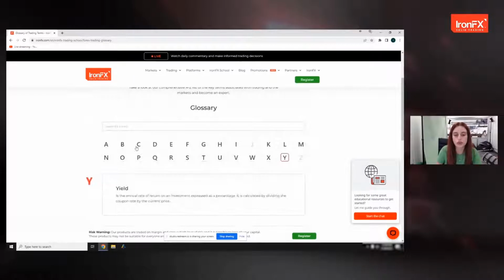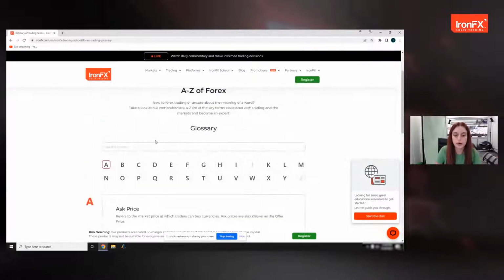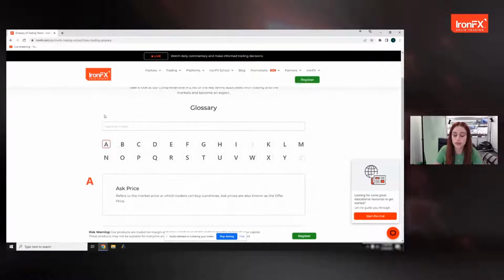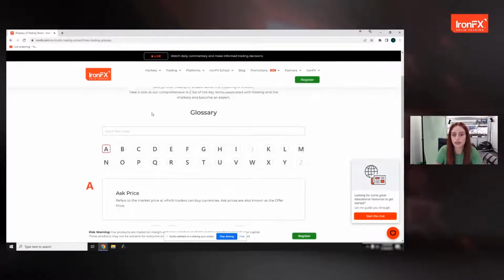You can choose whichever you want. This is extremely helpful. This will help you a lot. I know it sounds like preschool, but at the end of the day, when you don't know something, you need to start from the beginning. You need to take baby steps in order to achieve something. And this is the best way for doing it at the end of the day.